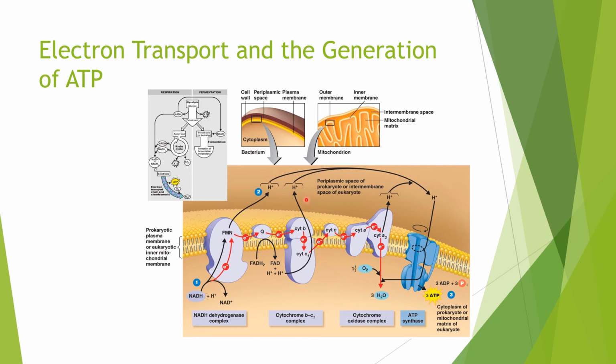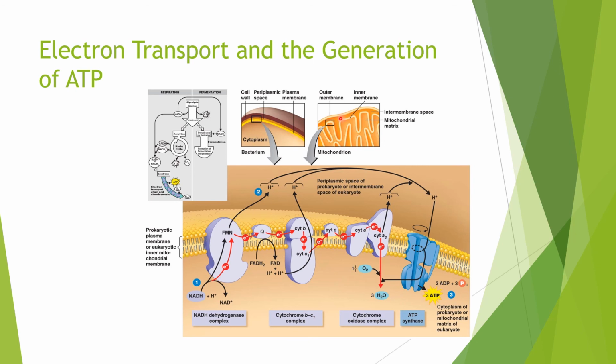When the hydrogen ions, or we call them protons, are released from the matrix to that space, that's going to cause a lot of hydrogen ions, or protons, to get concentrated in this region right here.